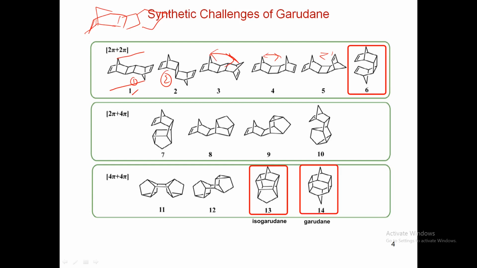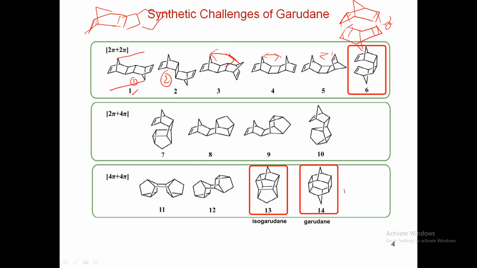So these two ends, if we do, actually not 4 pi, 2 pi simultaneously, this kind of 2 plus 2 cycloadditions would generate it. So among all the structures, this gadolinium is the most symmetric one.